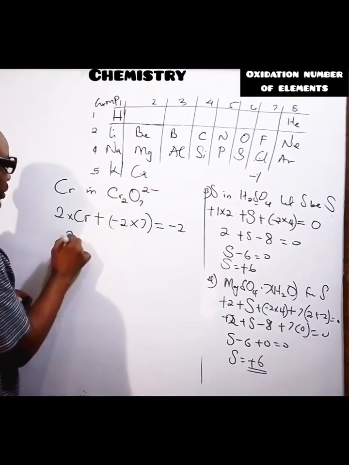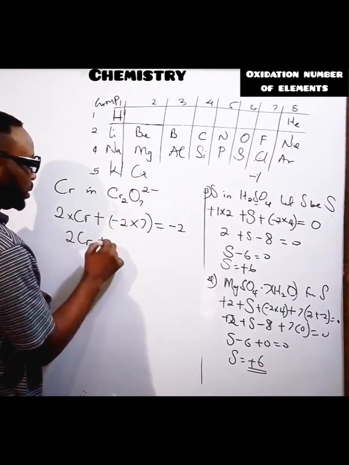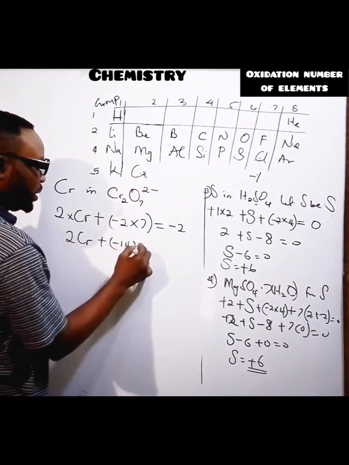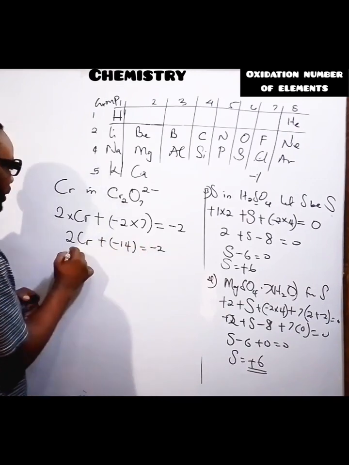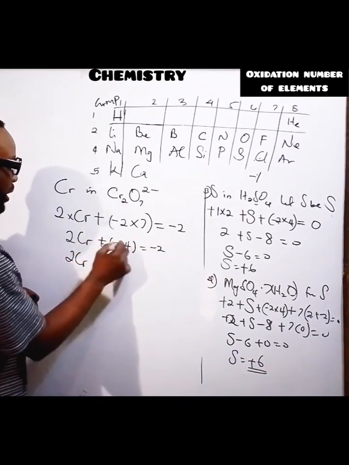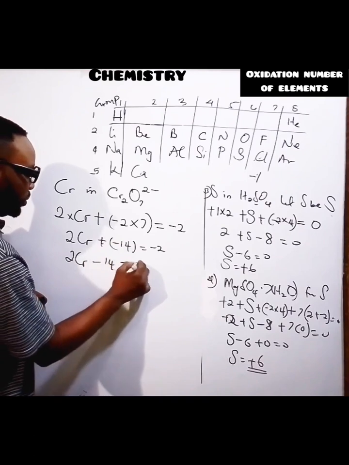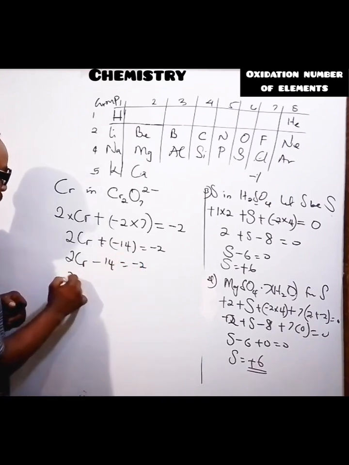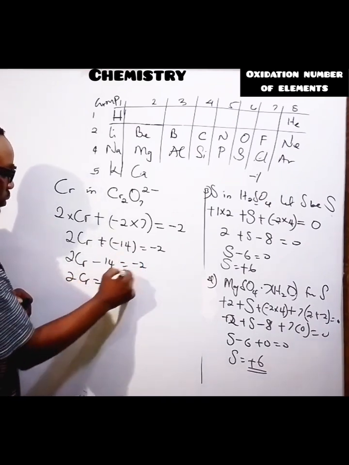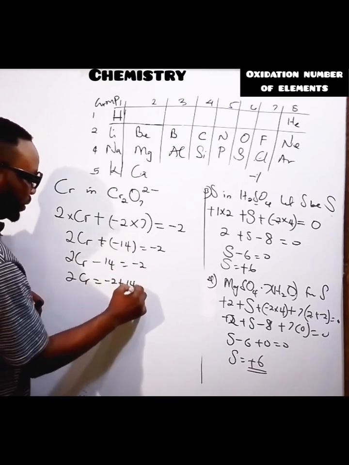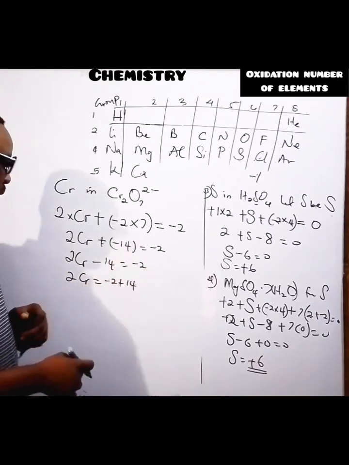So we're having 2Cr plus -14 equal to minus 2. So 2Cr equal to minus 2 plus 14. So when this one comes over, it becomes plus.